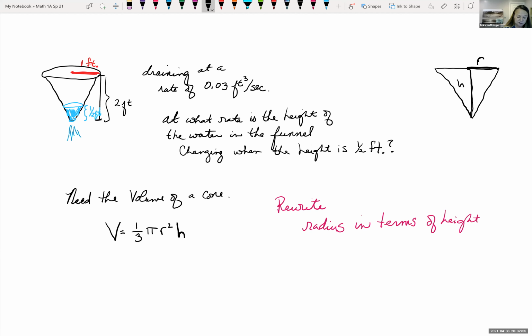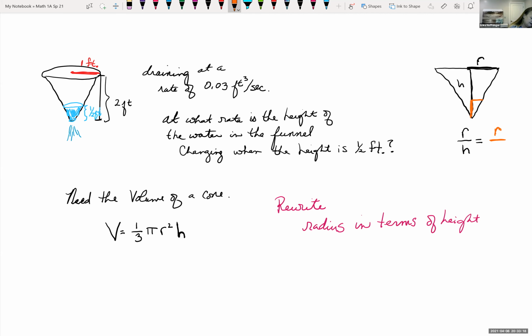Ratio of sides, similar triangles. So R over H. I can do this as another similar triangle. I don't know what R is, but I do know what this height is, right?